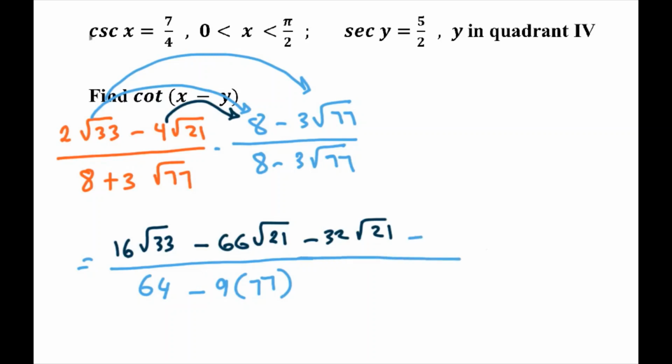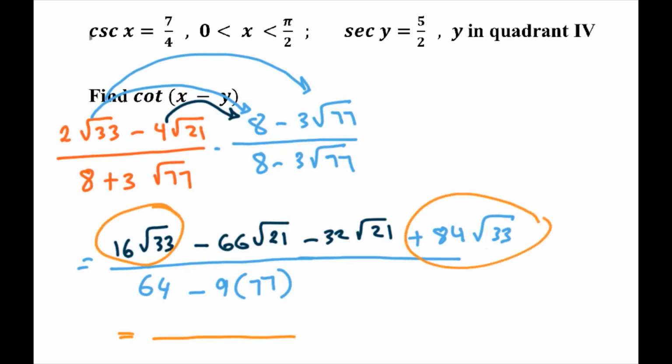And then plus 4 times 3, 12, multiply square root of 21 times square root of 77, this is going to be equal 84 square root of 33. Now if you simplify this, you are going to add these two basically. So it's going to be 84 plus 16, that's going to be 100 square root of 33.